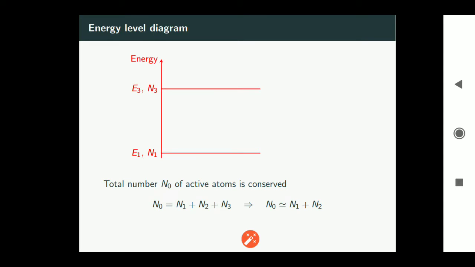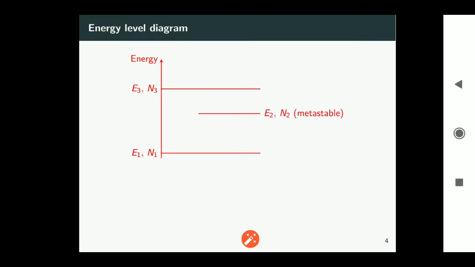This diagram shows three energy levels: E1 with population N1, and E3 with population N3. E2 and N2 are respectively the energy and population of the second level. It is a metastable state. A metastable state is one whose lifetime is more than the normal lifetime of other higher excited states.